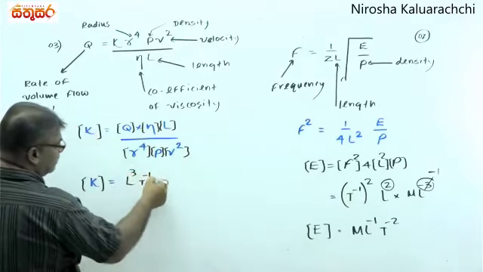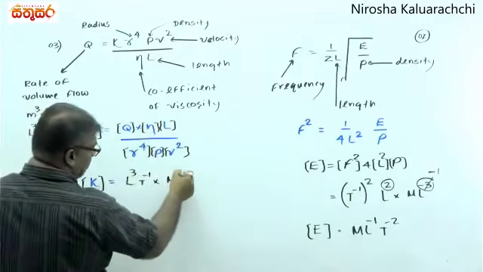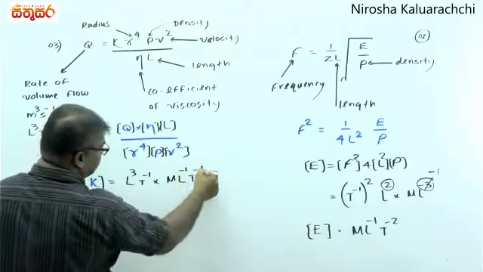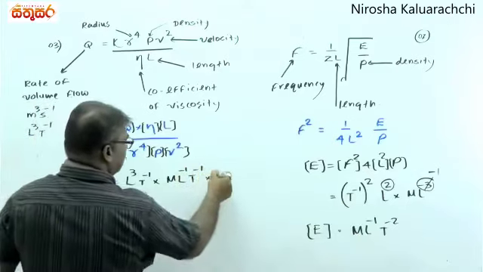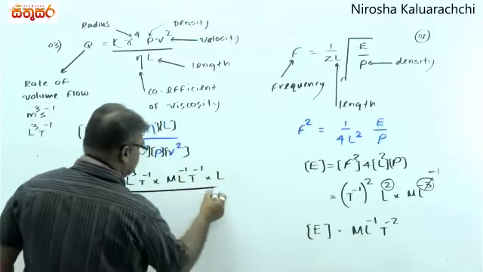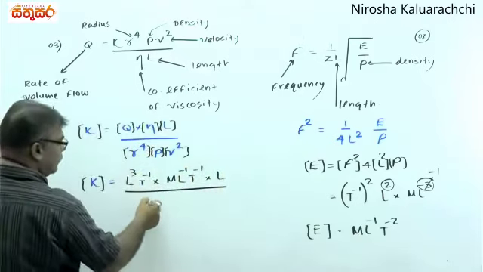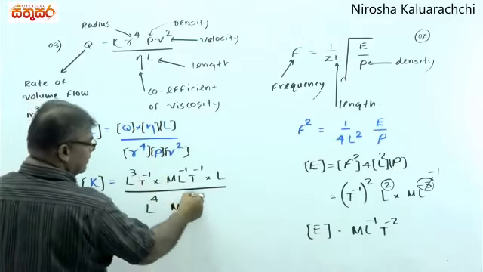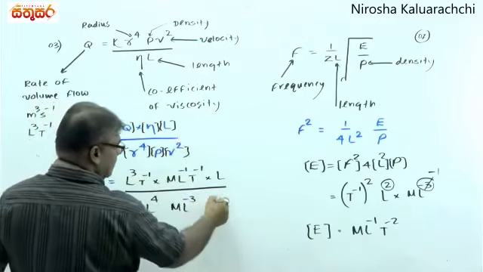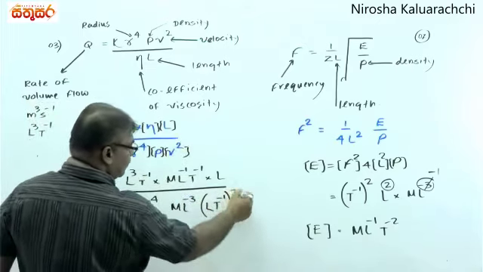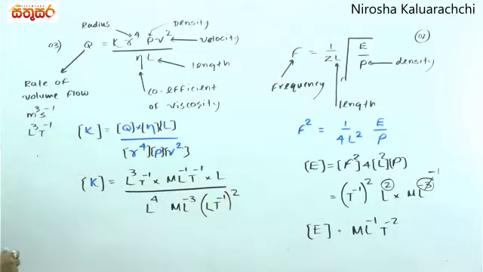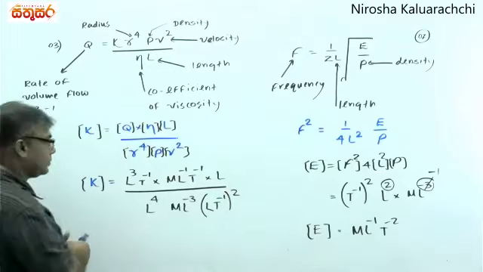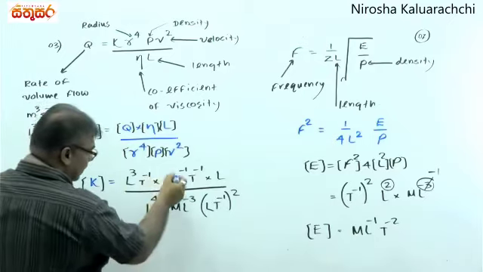L3 T minus 1, eta, M L minus 1 T minus 1, L is L, divided by R to the power of 4, L to the power of 4, rho M L minus 3, V L T minus 1 to the power of 2. V velocity, no? Right. M cancel.